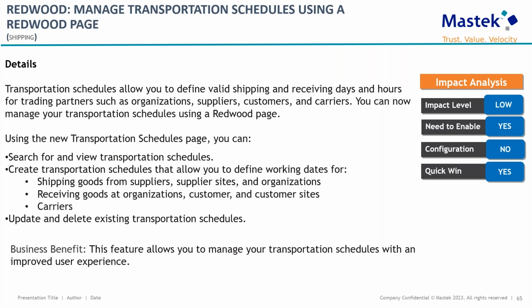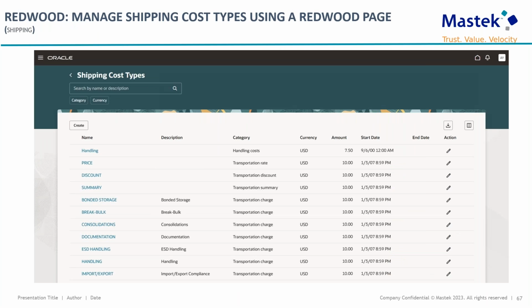Let me move on to the next new feature, which is managing shipping cost types using a Redwood page. Tracking and categorizing shipment-related costs is much easier with the new Redwood-based shipping cost types. Whether it's duties, handling fees, insurance, or transport charges, now you can view, create, and update these costs from a cleaner, easier interface.